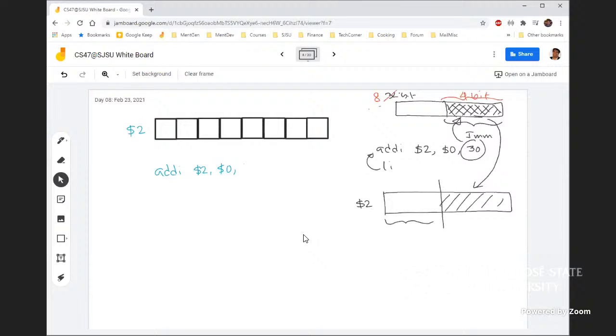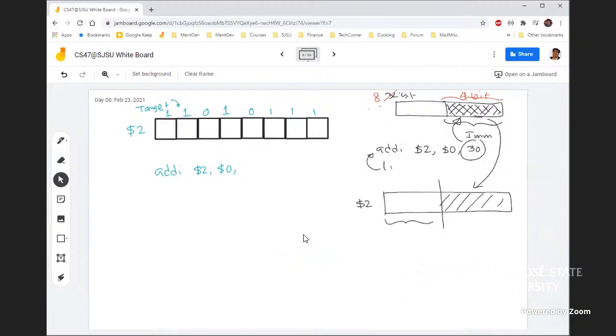Our target is to load a larger value, which belongs to a bit pattern of 1, 1, 0, 1, 0, 1, 1, 1. Let's say this is my target value, whatever that binary 8 bits represent.